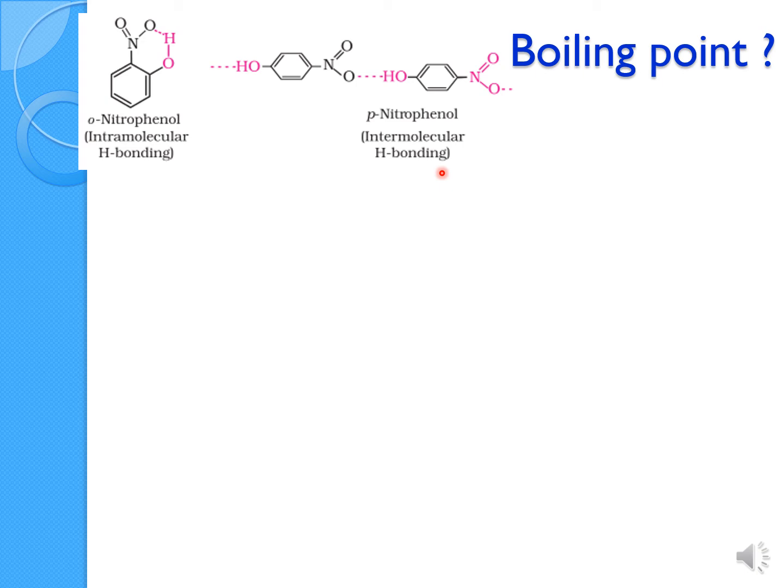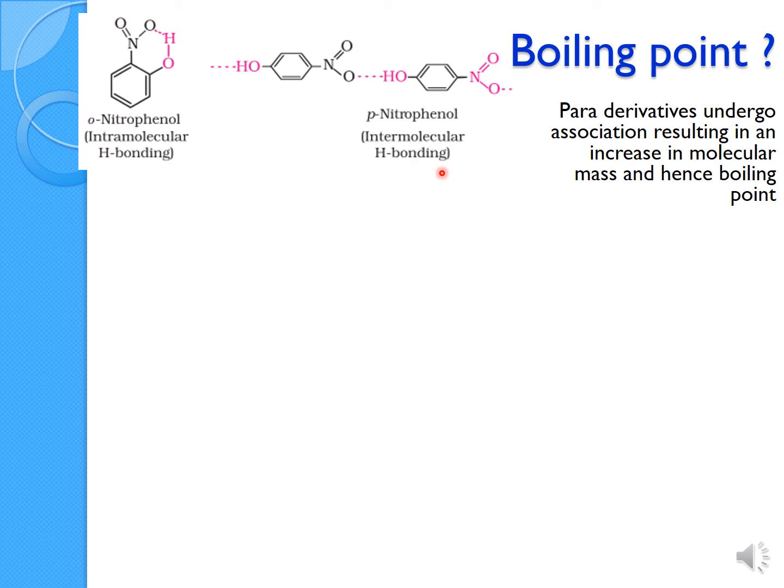So what happens with molecular weight? Molecular weight will increase and therefore boiling point will also increase. So para derivatives undergo association, or you can say intermolecular hydrogen bonding, and this results in an increased molecular mass and therefore increased boiling point.